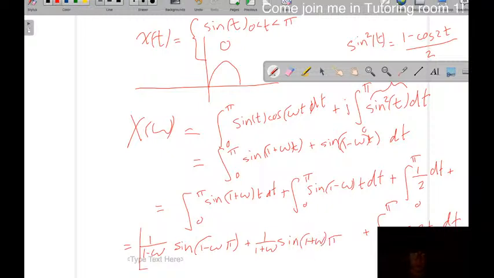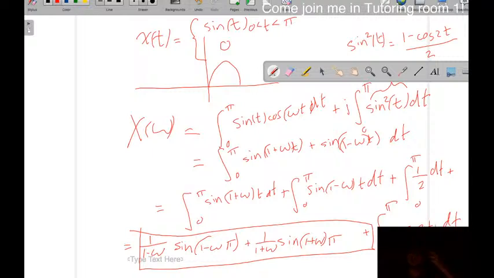Right, so this is your Fourier transform here. This is just a matter of solving all four of these integrals, and then you'll get a function of omega. Make sure that it's a function of omega, not of t. There should not be any t's left in our Fourier transform here.